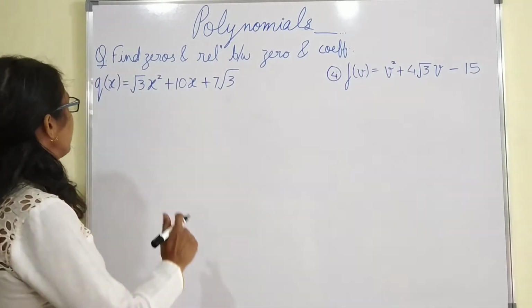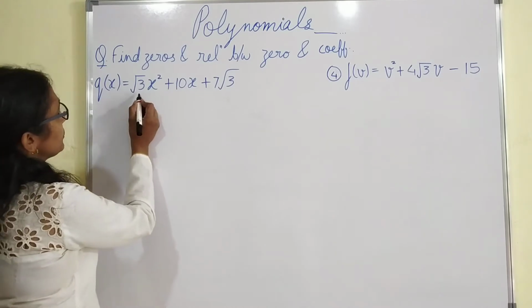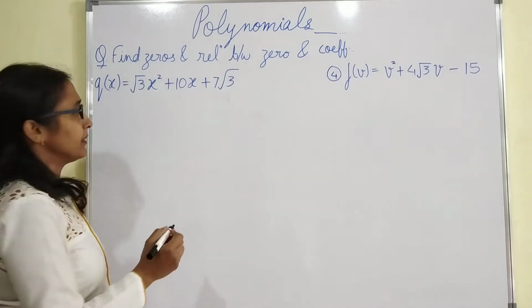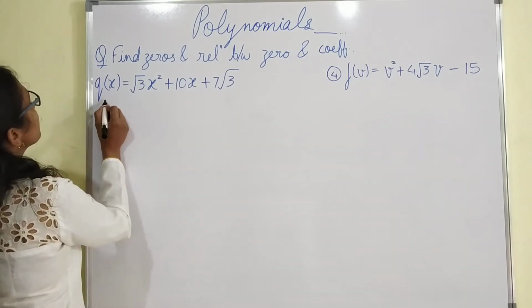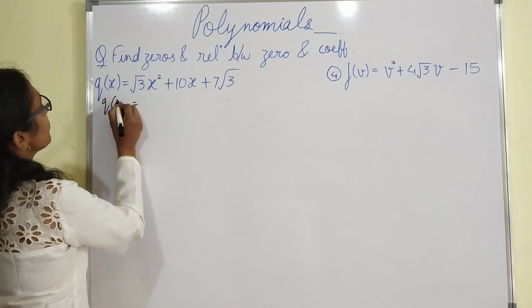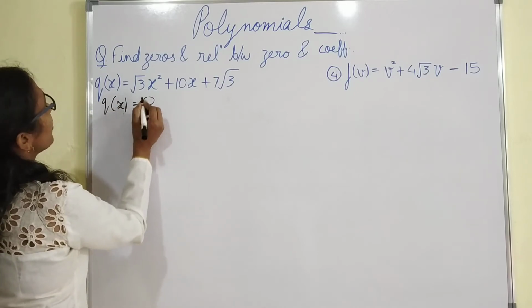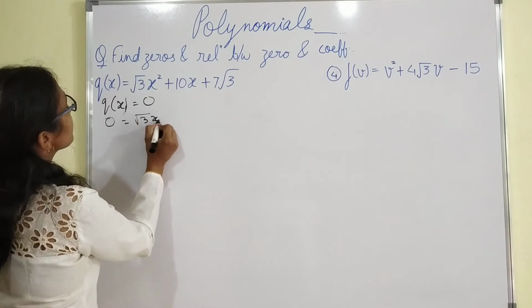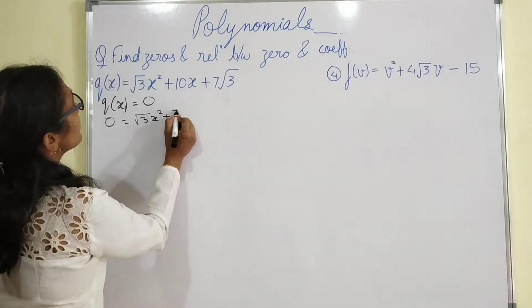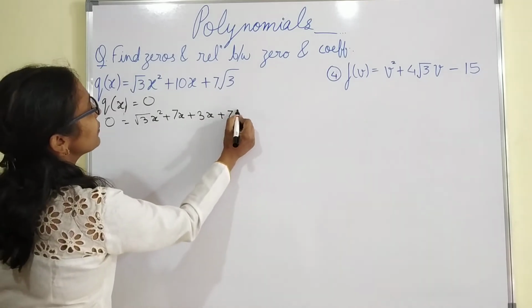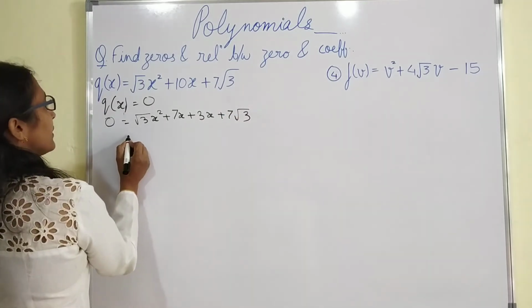Now more examples. Q of x equals root 3 x square plus 10x plus 7 root 3. So Q of x equals 0. Okay. So 0 equals root 3 x square plus 7x plus 3x plus 7 root 3.